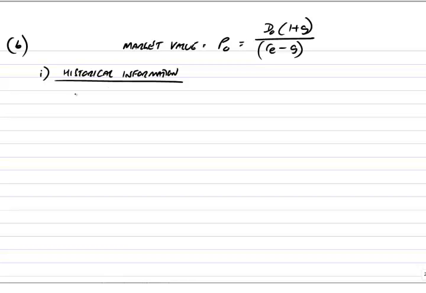Now, it does say something about dividends for the future, but if we're talking about historical information, what do we know? Well, D0 is the current dividend. We're at 2009, so the current dividend is 40 cents.